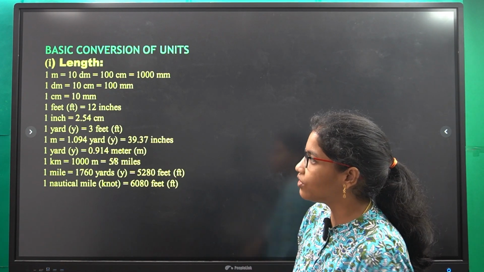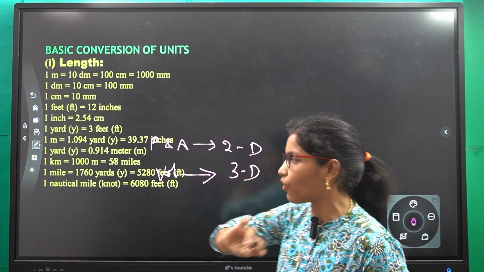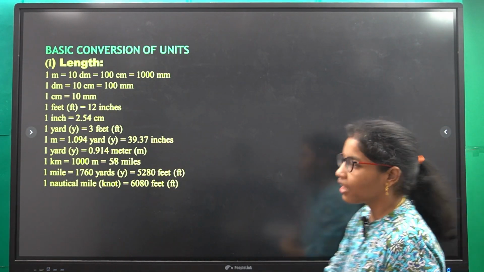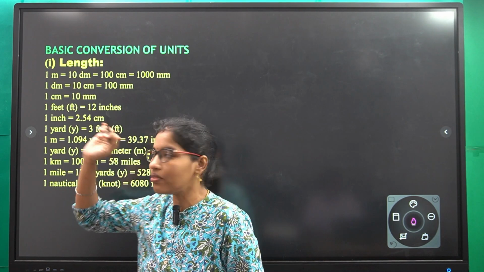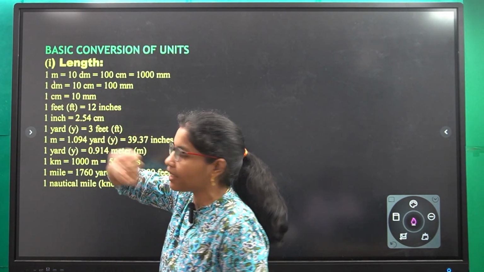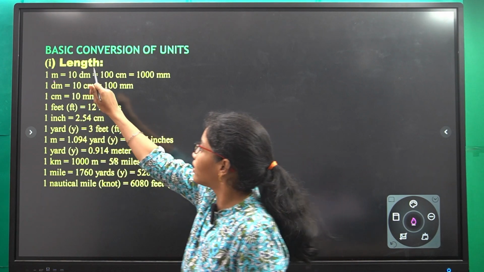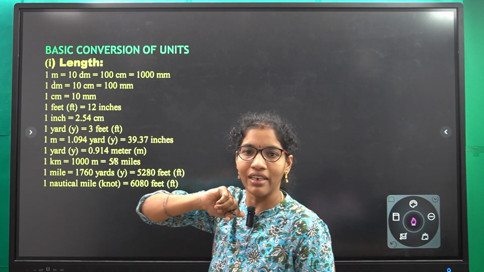For lengths, generally we are measuring with meters or kilometers, right? So we have different measurements for length. 1 meter equals 10 decimeters, which equals 100 centimeters, which equals 1000 millimeters.